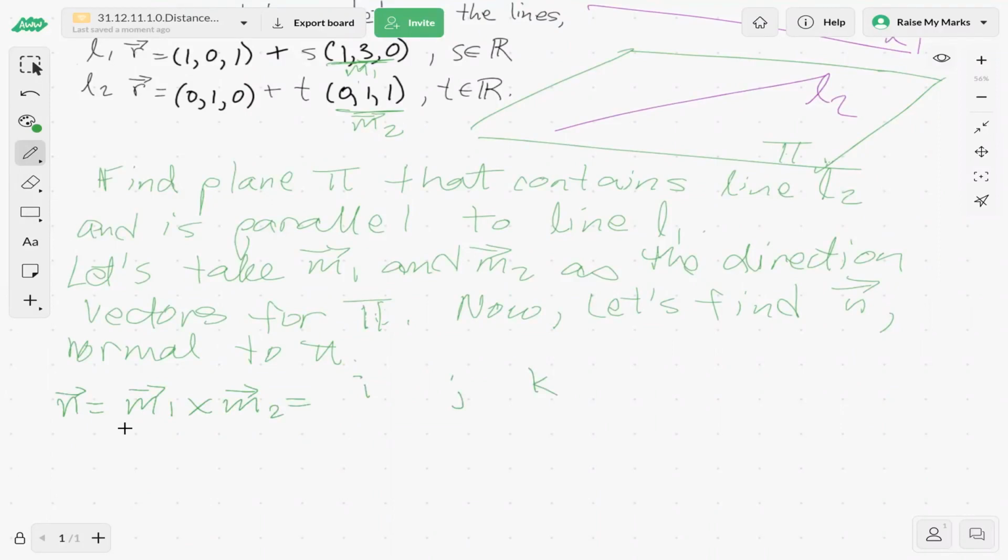Our direction vector M1 is (1, 3, 0). Direction vector M2 is (0, 1, 1). This equals I times (3 minus 0), minus J times (1 minus 0), plus K times (1 minus 0).